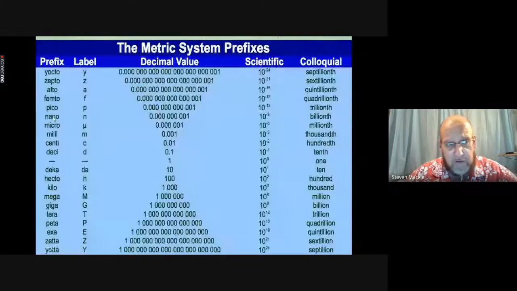that much. We're going to stop here at pico, which you notice is 1 trillionth. So we're going from 1 trillionth to 1 trillion. You don't need to know yocto, zepto, atto, femto, the Marx Brothers, right? You just need to know from pico, which is 1 trillionth, down to tera, which is 1 trillion.